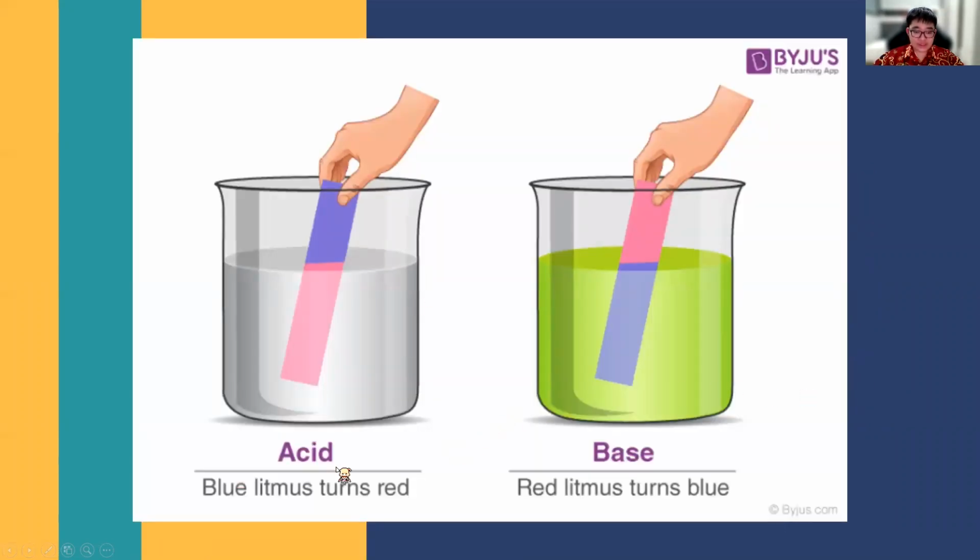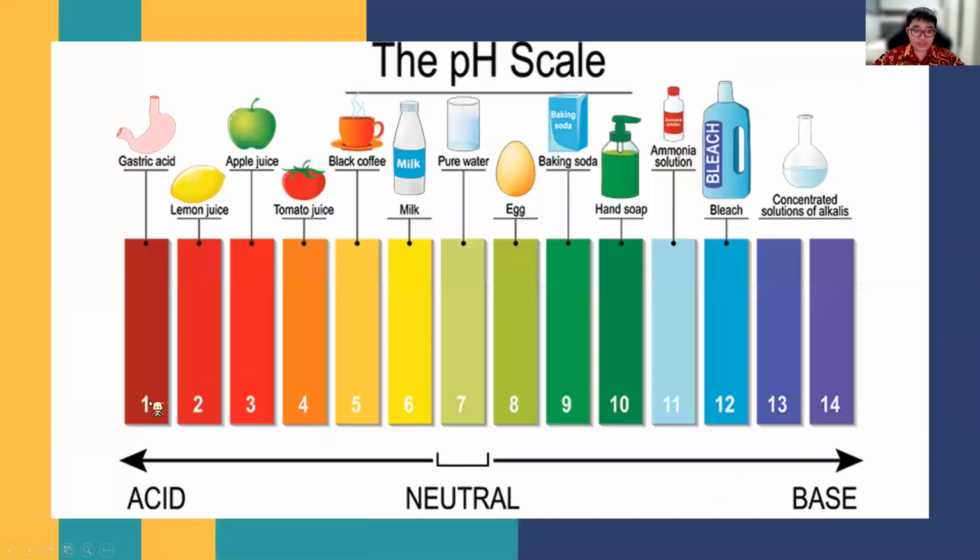As you can see, if a blue litmus paper turns into red, it is an acid, and if a red litmus paper turns into blue, it's a base. And the pH scale is from 1 to 14. 7 is neutral because it is between acid and base. 1 to 6 is acid, 8 to 14 is base.